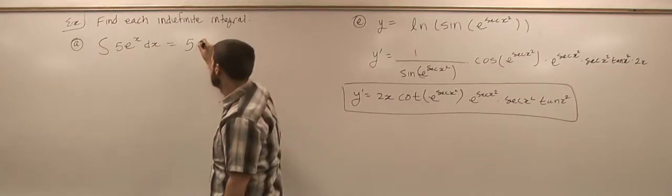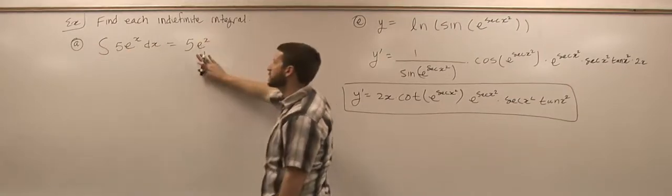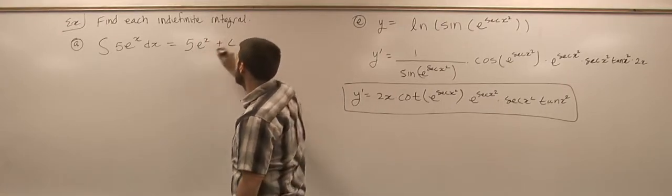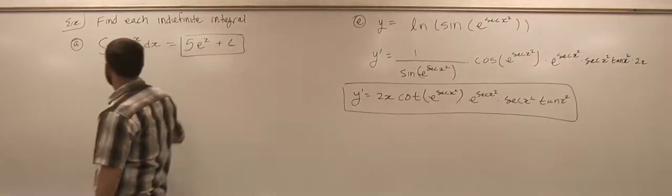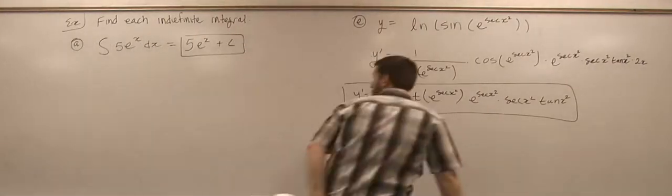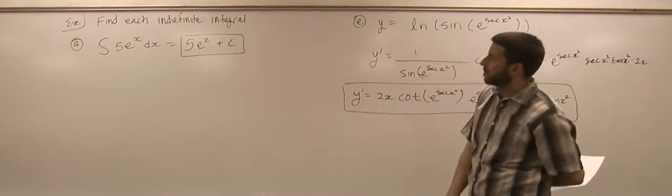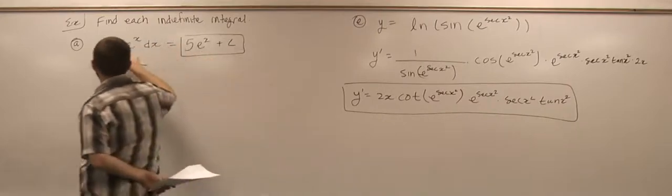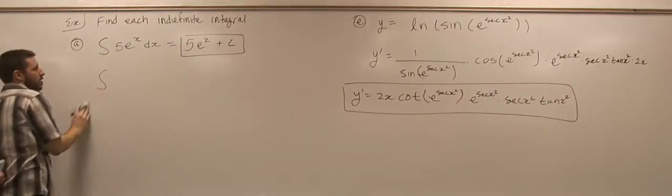It's the same thing. Integral of e to the x is e to the x. But since it's an indefinite integral, I get a plus c. Okay, so the integral of e to the x is just e to the x.